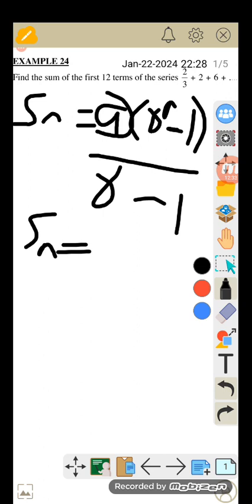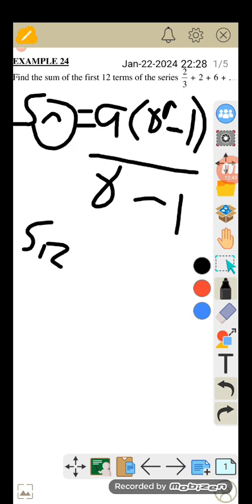So instead of saying Sn, I'm going to say S12, because where I saw n, I put 12.